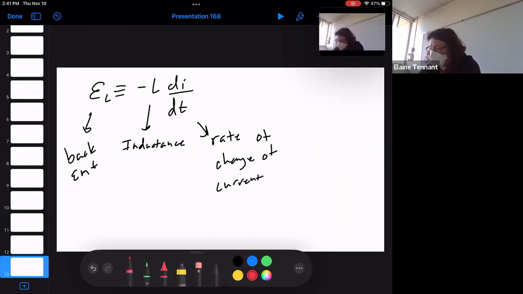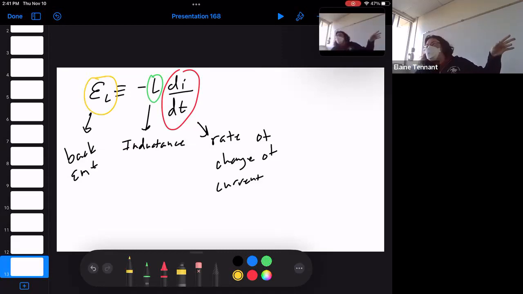And instead of wanting to go through that whole chain of logic, we just want to say, if you send in a current that's changing with respect to time, multiply that by some factor of inductance, and you will get out the back EMF. And so this is a definition. I put the three lines to say that we didn't derive this. We're just saying this is what it is. I'm connecting this back EMF to the way that the current changes with respect to time. It's proportional via the inductance.